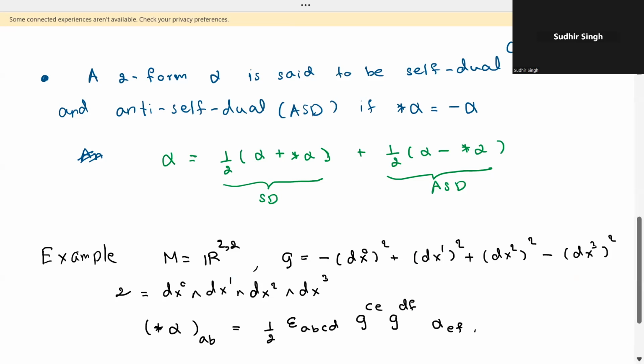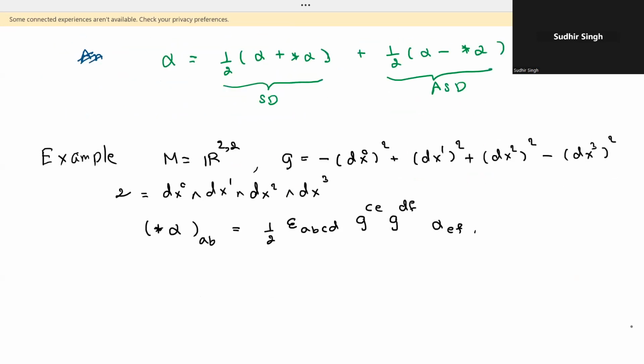Then from this expression, you can verify that alpha will be anti-self-dual if and only if the components satisfy this system of equations: alpha_01 is the same as alpha_23, the components with respect to x0 to x3. Yes.